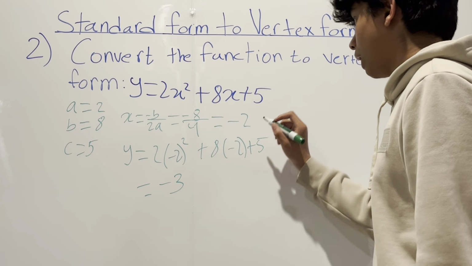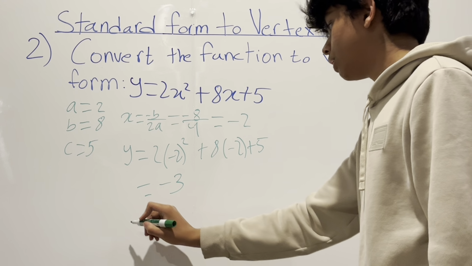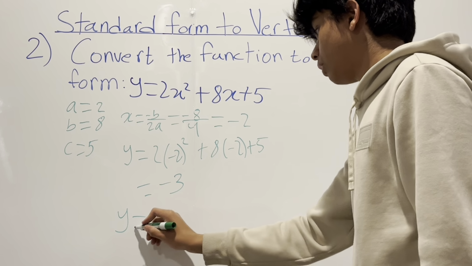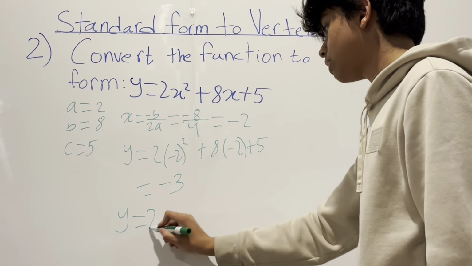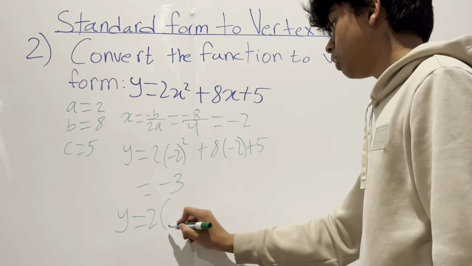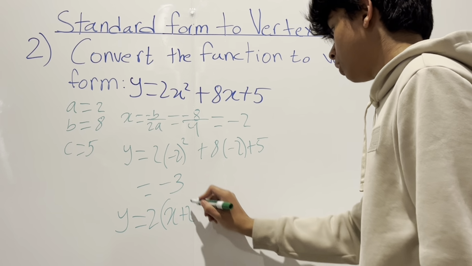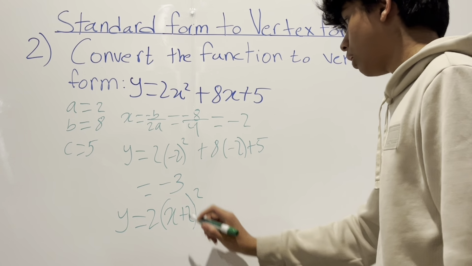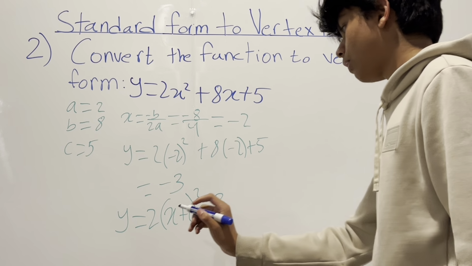So we have our h value, k value, and a value. Now let's put it into the vertex form equation: y equals, now our a is not 1 anymore, so we actually have to put in a value, which is 2, times (x minus negative 2), so plus 2, squared. Then our k value is negative 3, so minus 3. And that's our final answer.